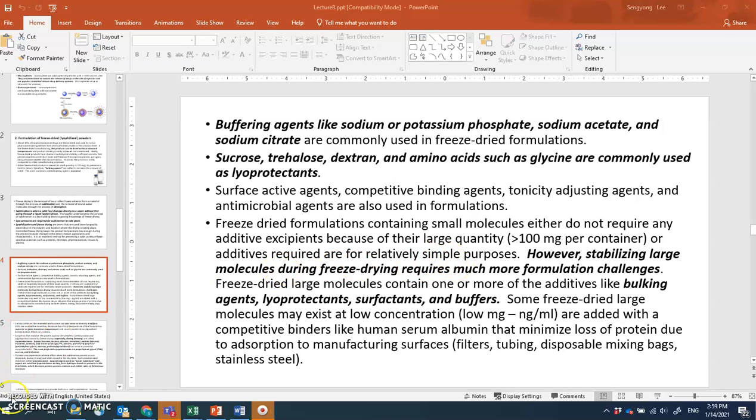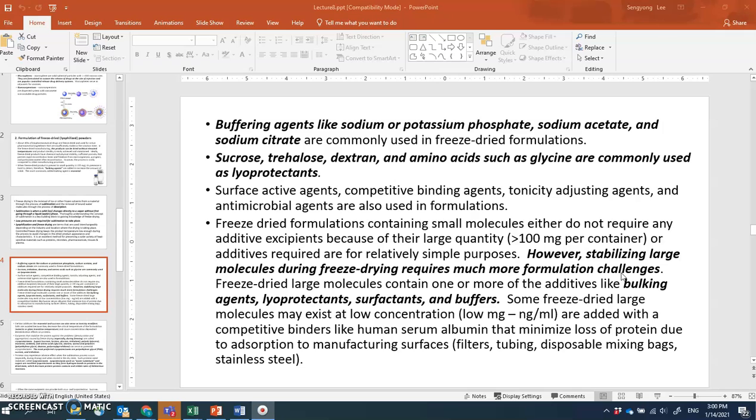So what it means is, if it's chemical-based drugs, small molecule drugs, they don't need any additive excipients because they exist in large quantity, higher than 100 milligram per container. So there's no special additive required. However, if you're dealing with biological molecules, which are considered large molecule drugs, right? During freeze drying, it requires more formulation effort because biological molecules are very susceptible to changes. So you have to make sure that they are being protected.